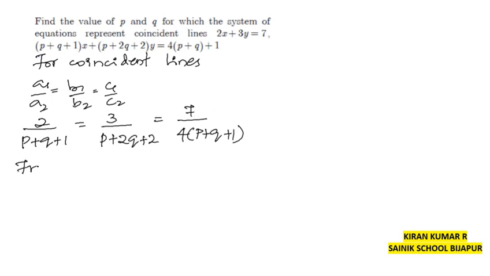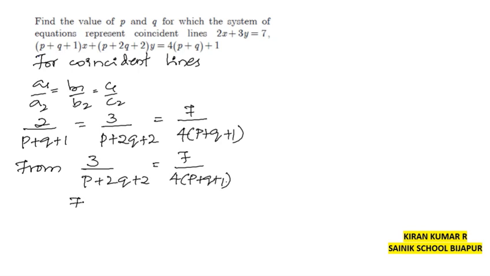Let me consider this 3 divided by p plus 2q plus 2 equal to 7 divided by 4 times p plus q plus 1. Let me simplify this. For simplification, I'll do cross multiplication.